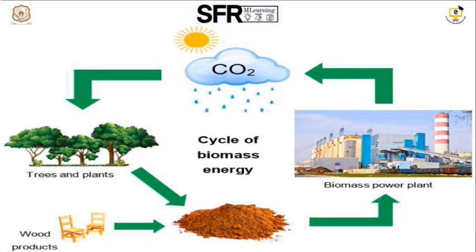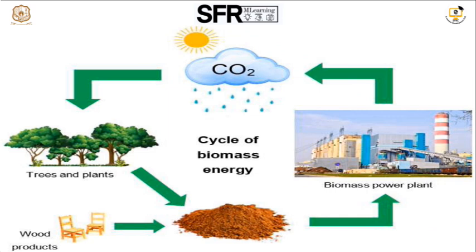Biomass is organic. It is made up of material that comes from living organisms such as plants and animals. The most common biomass materials used for energy are plants, wood and waste. These are called biomass feedstocks.